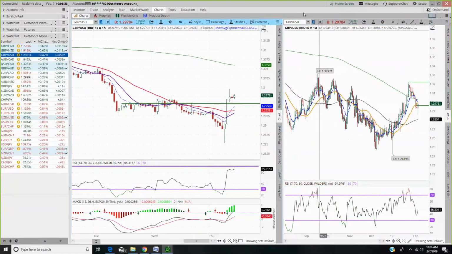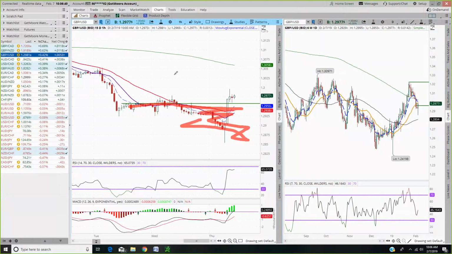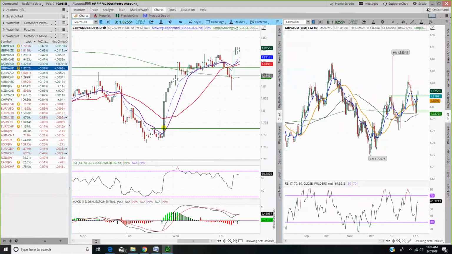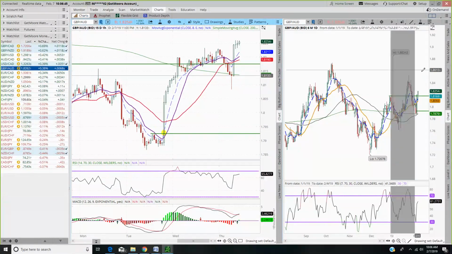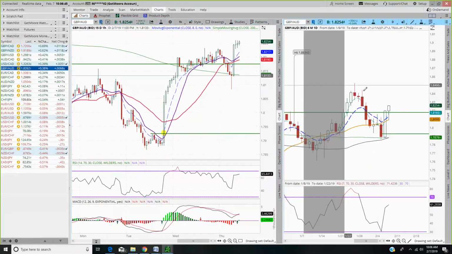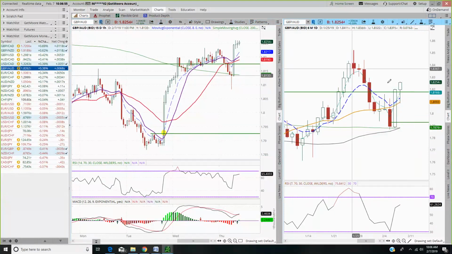I didn't take this one. Look at the difference. It just is ugly. There's no clear picture. Look at this one. Oh, how we doing? Look at this. Is this picture pretty much identical to the other ones?